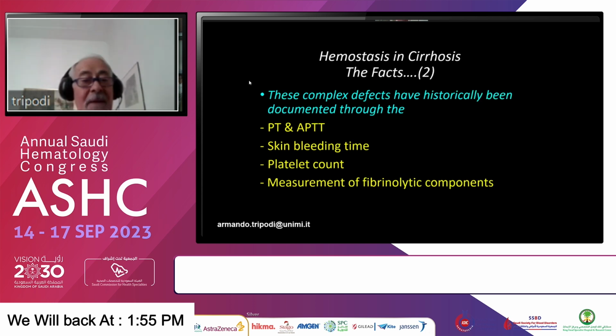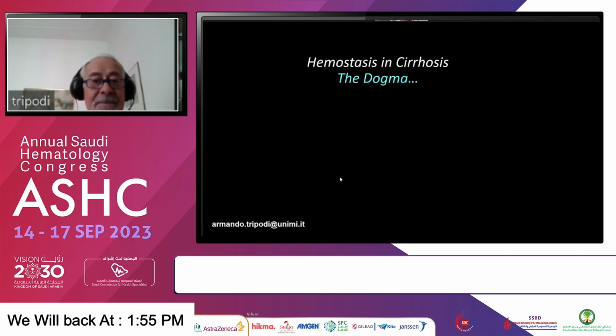As a matter of fact, these complex defects have been historically documented in the laboratory through the measurement of the prothrombin time and activated partial thromboplastin time. Also the skin bleeding time was used, and platelet count, and finally the measurement of the fibrinolytic components of this system.